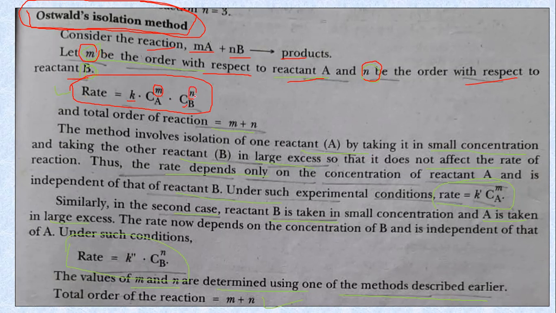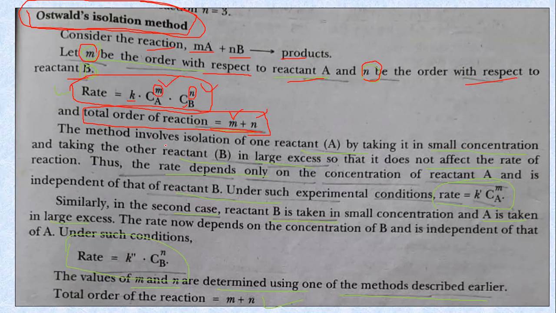As we know, the order of reaction is the sum of the powers of the concentration terms, so m plus n is the total order of reaction. For this reaction you can find the order by taking the sum of m and n.